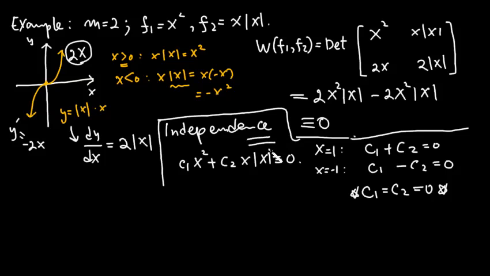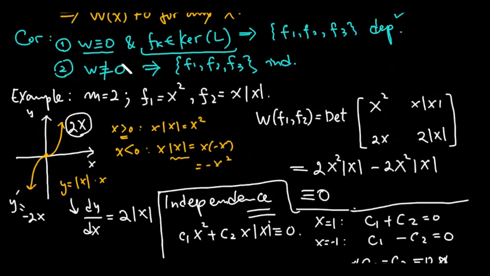Let me show you the statement again. If you happen to have the Wronskian identically 0, like this one here, you can't just conclude from that there is a dependence. There's this example where the functions turn out to be linearly independent. But if you have this additional condition, we can definitely conclude that they are dependent.